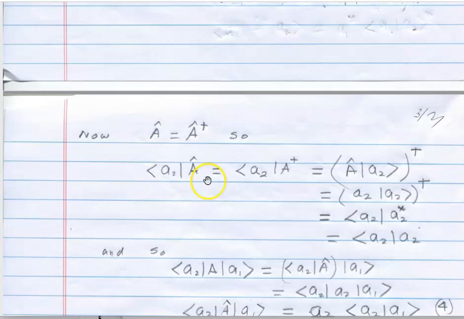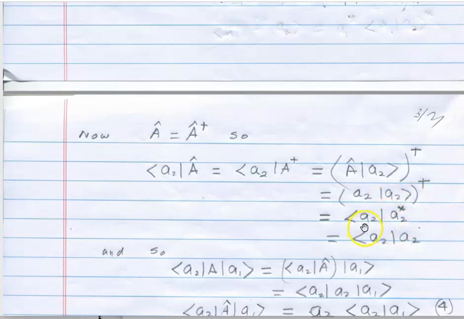And now I can note that the Hermitian conjugate of this is the Hermitian conjugate of this operation. But this operator on A2 gives me the state times its eigenvalue back again, and then I can take the Hermitian conjugate of it to be this.